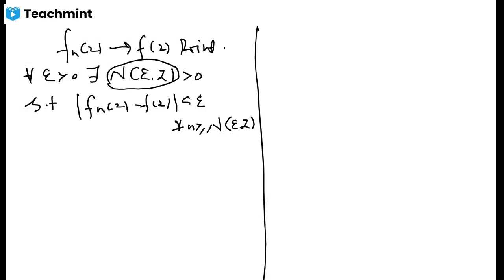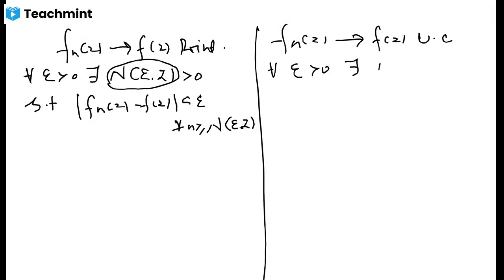Whereas in the case of uniform convergence, when you say the sequence is uniformly convergent, for each epsilon greater than 0, there exists a number N that depends only on epsilon. The dependence is not on z.